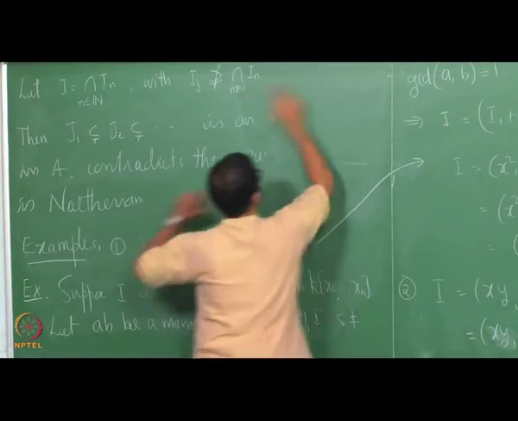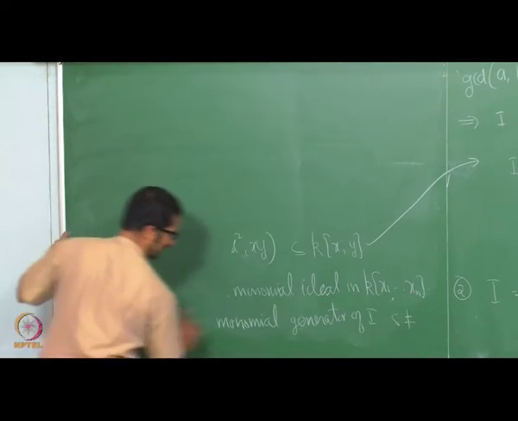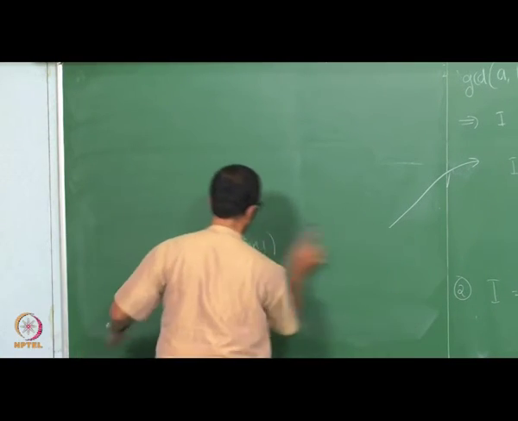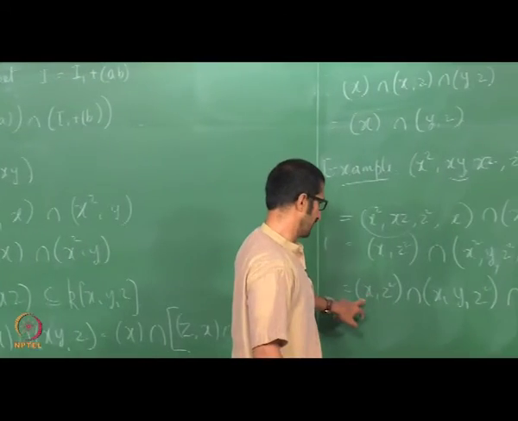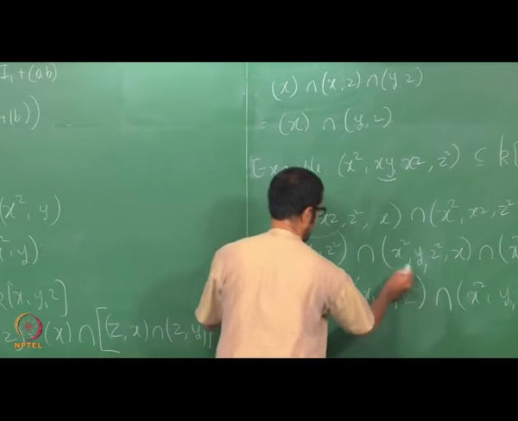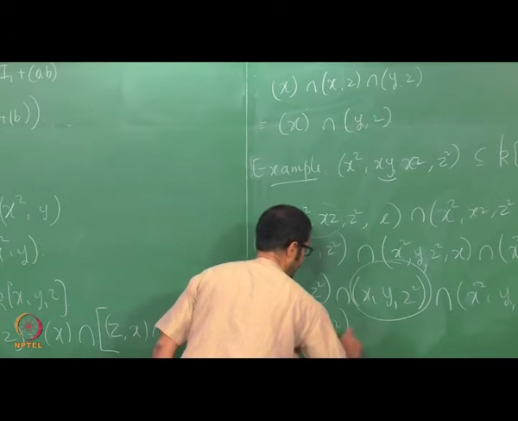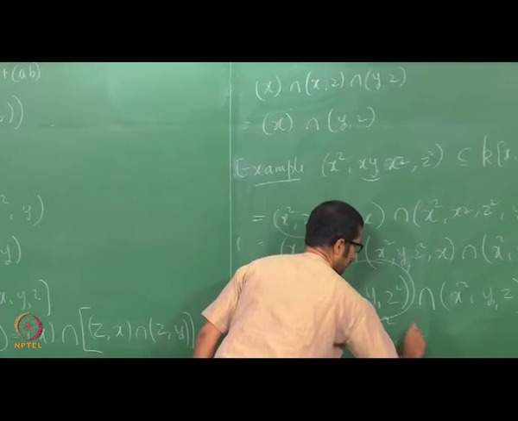Or we can further reduce it. Oh, this is contained, this is redundant. So this is (x, z square) intersection (x square, y, z).